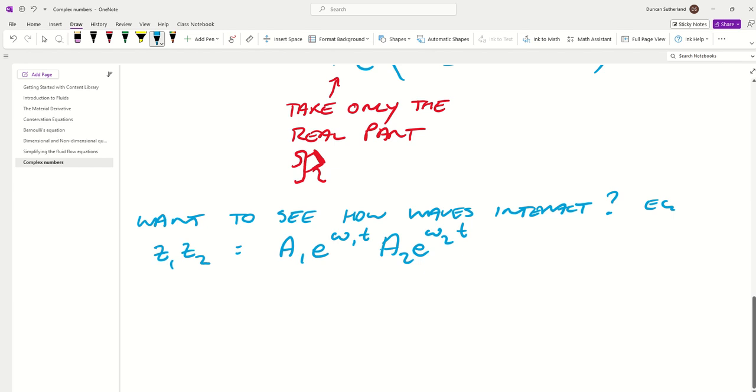So let's just say we've got two waves that only vary in time and there's no phase shift in place. They've just got different amplitudes. You multiply them together and you end up with this new wave that looks like this.